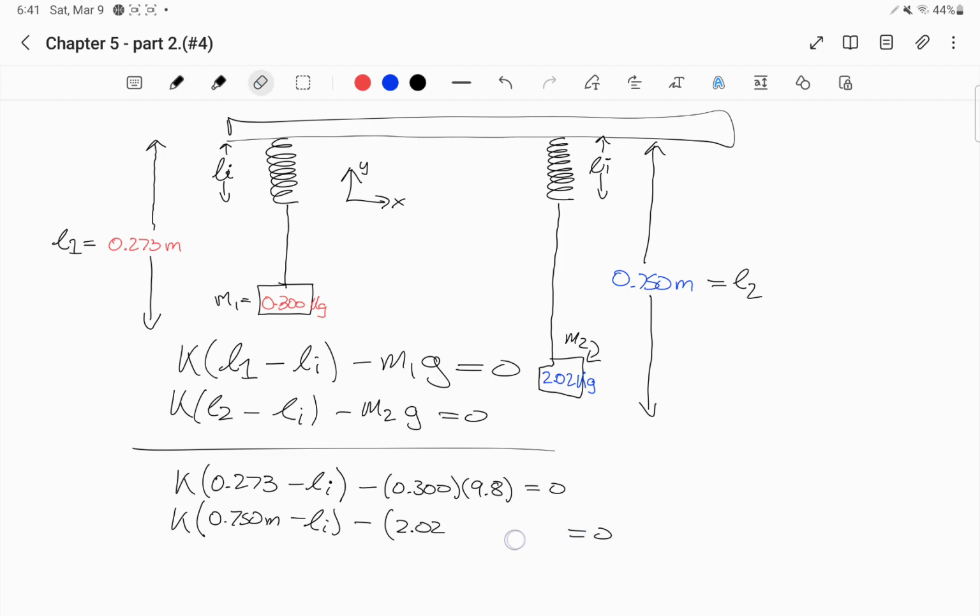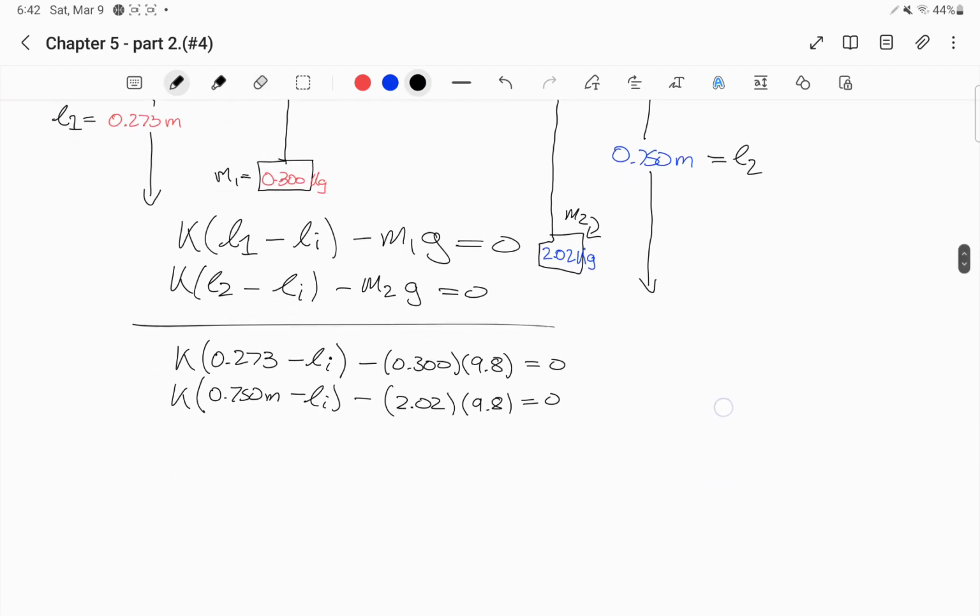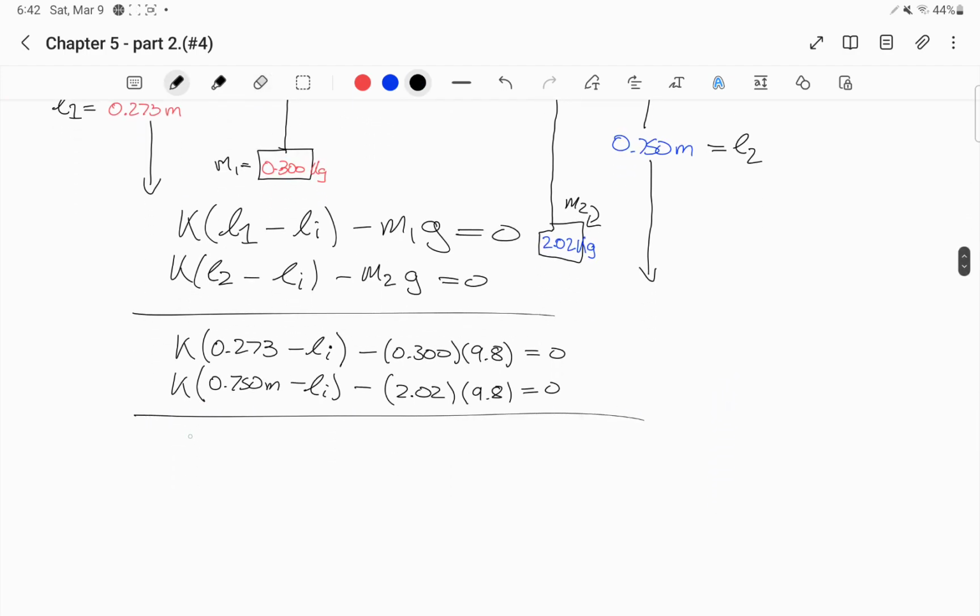Not necessary to write kilograms since we already know. So we can distribute, and we'll have K times 0.273 minus K times L initial is equal to 0.300 times 9.8. And on the bottom, we can do the same thing. K times 0.750 minus K times L initial is equal to 2.02 times 9.8.